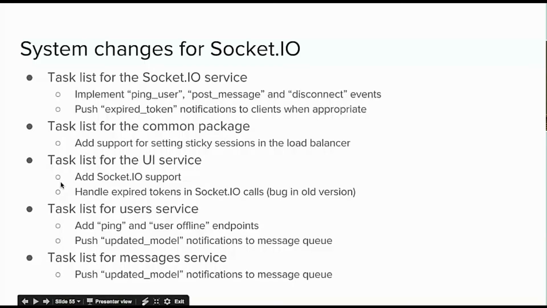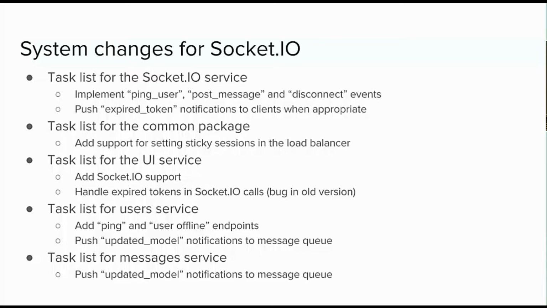The UI service, when users come online or offline, it needs to push a message to the UI to say, hey, you need to update the status of this user. This user didn't exist and now it's online, or this user went away. Now you need to remove it from the list. So that's done through the message queue.